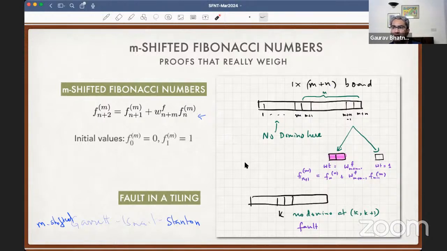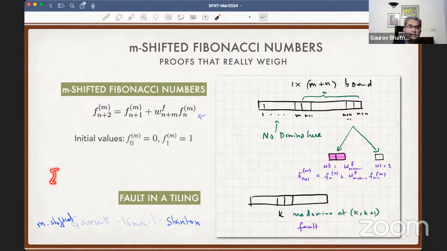So the initial values are different somehow, and there are some slight differences which occur in the actual examples if you write them down. The weight stays the same somehow. But do you remember the Garrett, Ismail, Stanton identities? There is an m which is very much there in the sum.